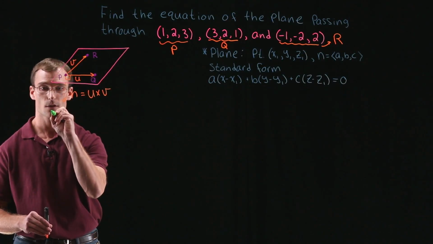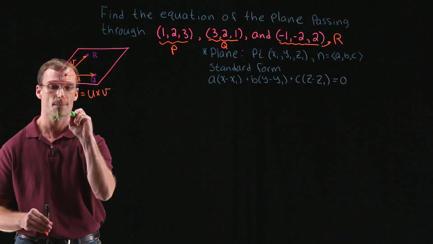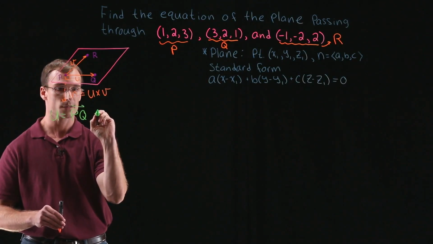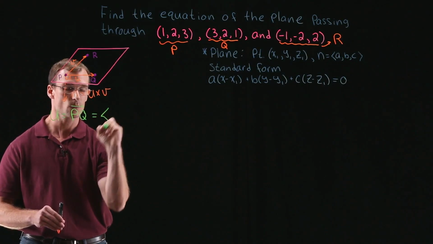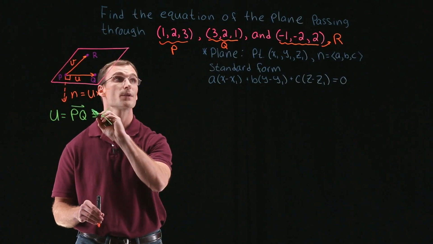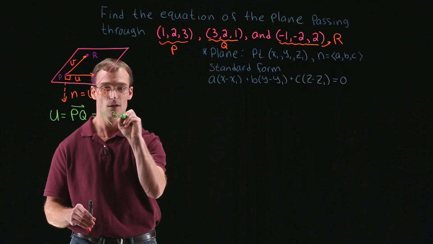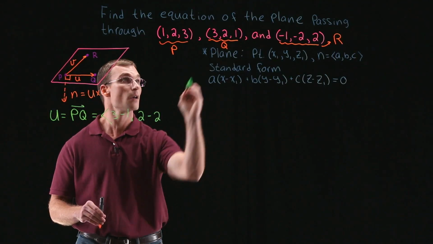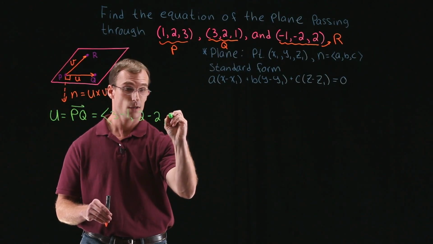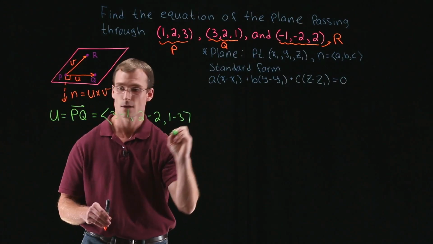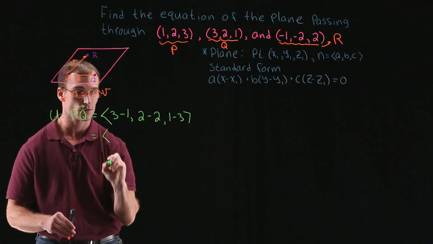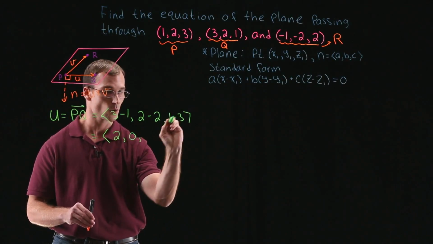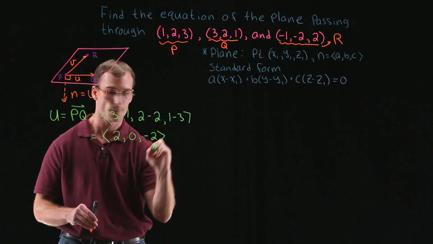All right, so let's find our vector U. The directed line segment from P to Q, we'll find the component form by subtracting coordinates: from Q, we take 3 minus 1, 2 minus 2, and lastly 1 minus 3. That gives us our vector U as 2, 0, -2.